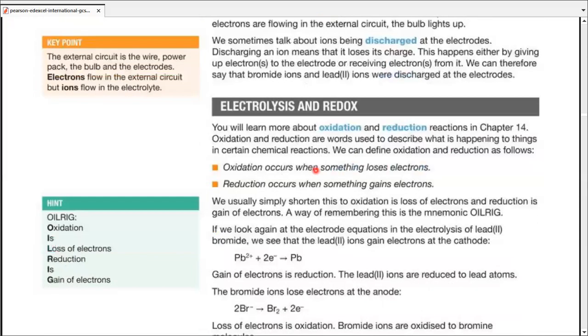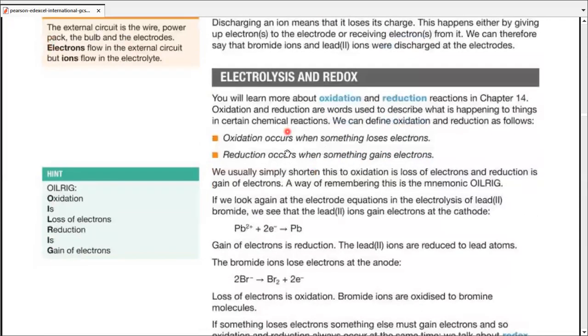I think we have already explained oxidation and reduction before, but let's explain it again. Oxidation and reduction come from the fact that oxidation is loss of electrons in terms of reactions, and reduction is gain of electrons. OIL RIG is the term commonly used to help students.